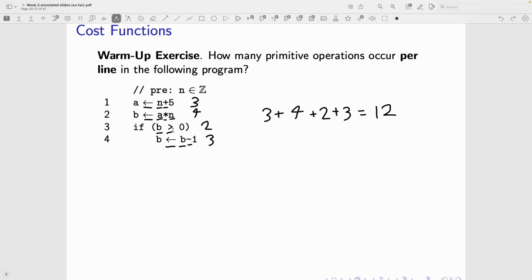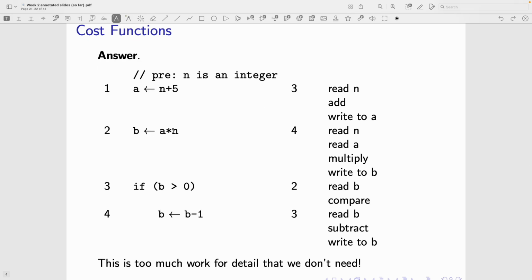Three, 4, 2, 3. Wow, I actually got that right. When I was reviewing these, I would keep getting these wrong, and again, that's fine because we're not actually going to do this. Processors are really fast. The difference between one primitive operation and 2 primitive operations really isn't meaningful. It's like a couple billionths of a second.